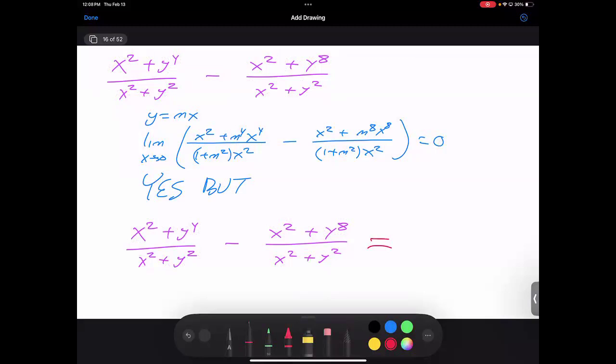One to the 4th minus 1 to the 8th over... Yes, I mean, it's really just y to the 4th minus y to the 8th over x squared plus y squared. So it's just a fancy way of writing that and coming to that. Do you think that this is going to have the same behavior along parabolas?